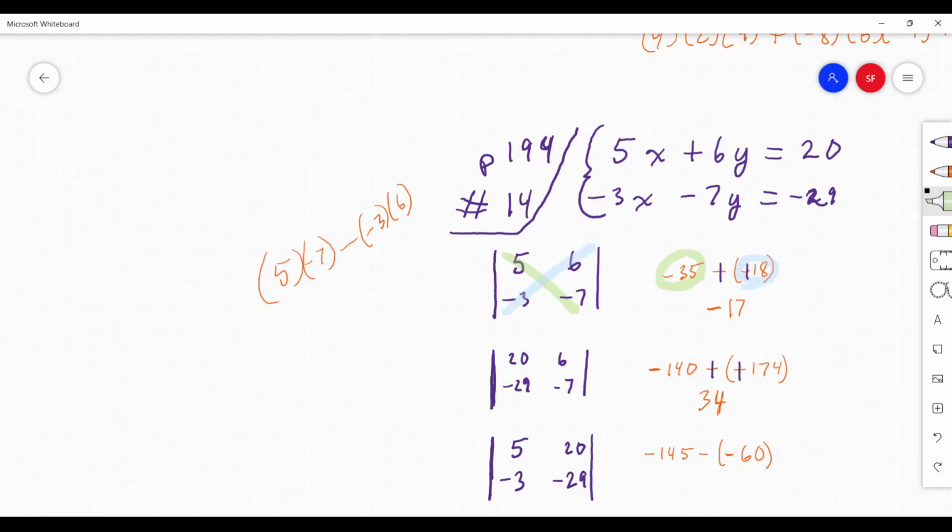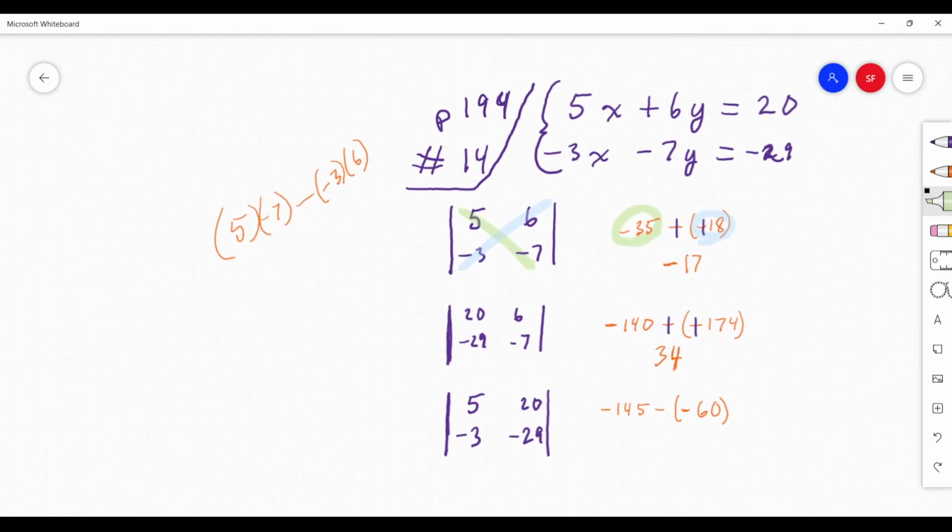Yeah, it is. 34, and then you divide that by -17. Is that what you do next? Yes, that will be the next step. Or you just leave it 34.